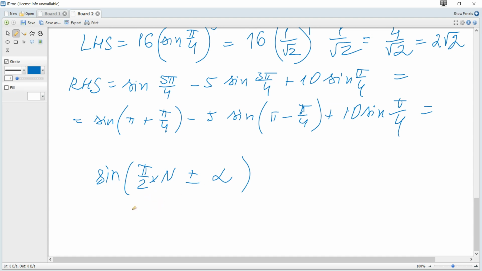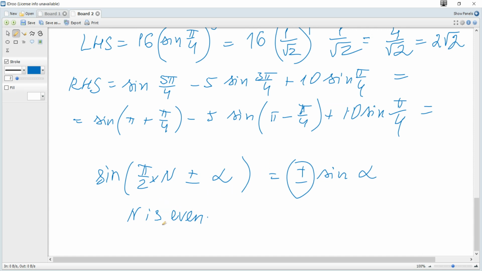And if n is even, it means it will be represented as pi plus or minus something, or 2 pi plus something. Yes, it will be sine of just this alpha, and it doesn't matter whether plus or minus is here. And finally we put a sign here according to what sign our original large angle has, due to in which quadrant it is.